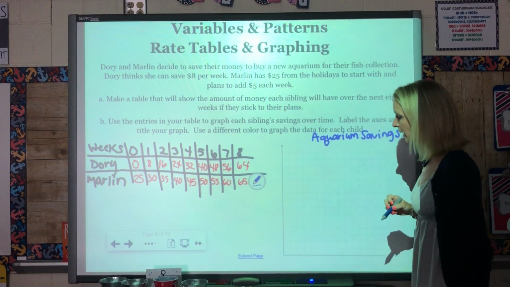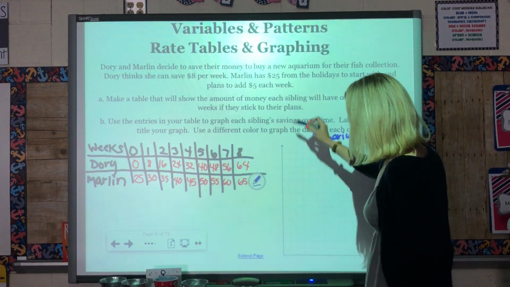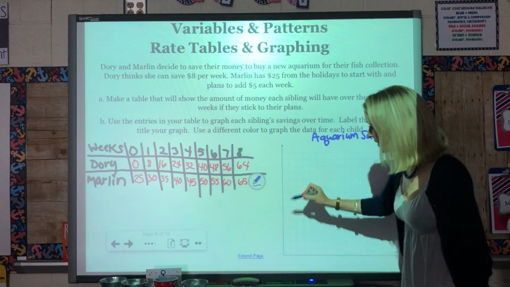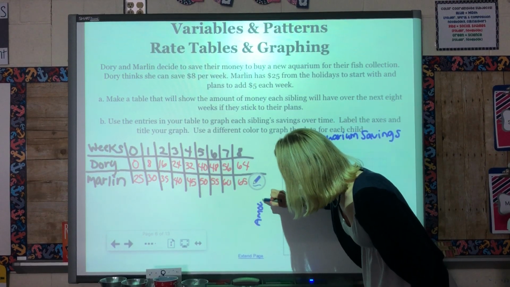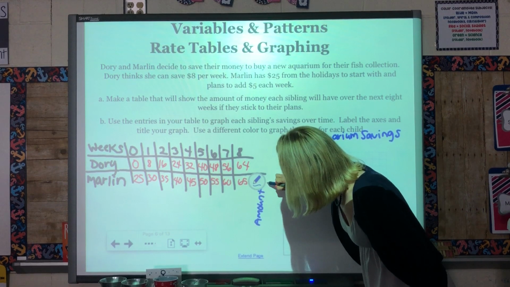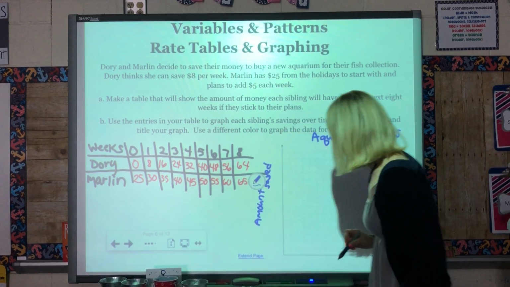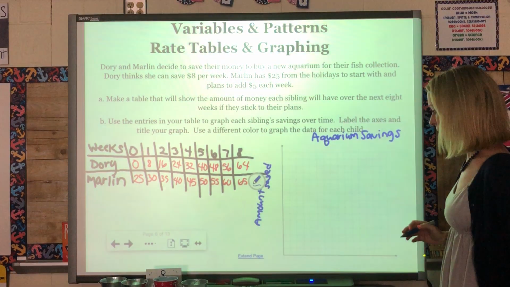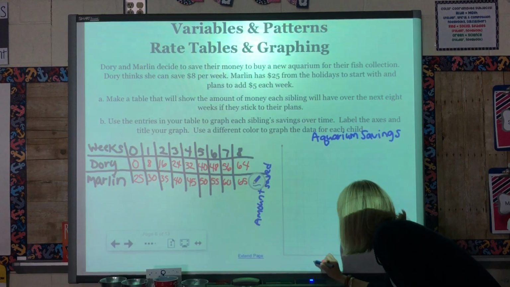And then I need to label my axes. So I'm going to label my y-axis the amount that they've saved, or amount of money. And then way down here, I'm going to write the number of weeks.